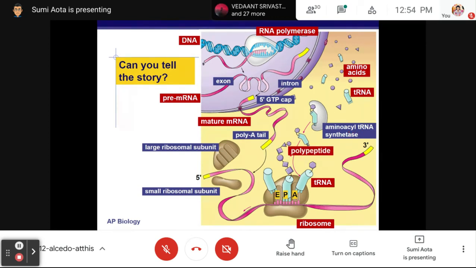So what we've been talking about for the past 2 days or so is summarized completely in this diagram. So you should be able to tell me the entire story from here.